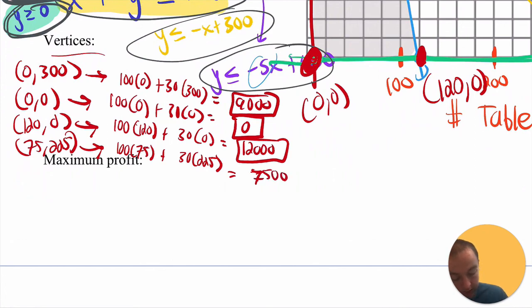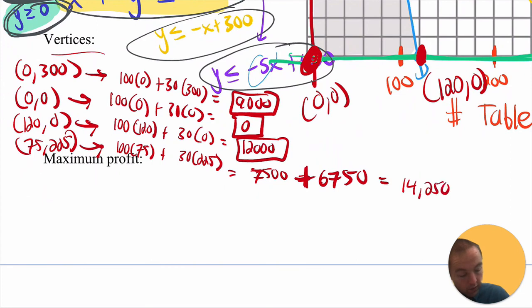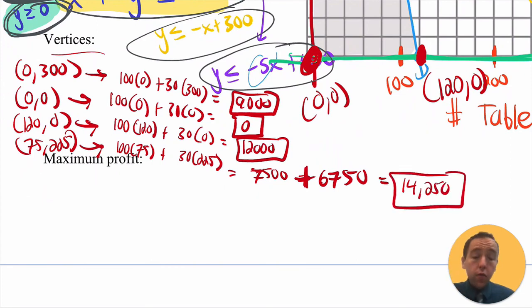The next one is going to give us 6,750. And then if we add those together, it's going to be 14,250 overall.